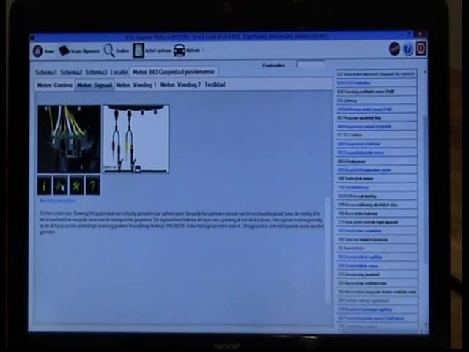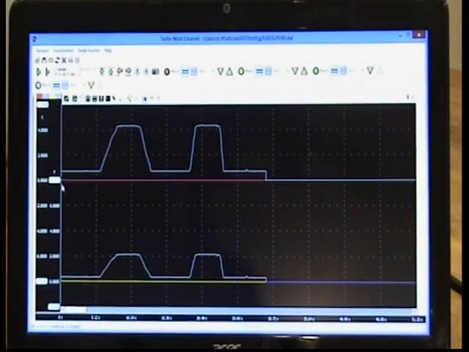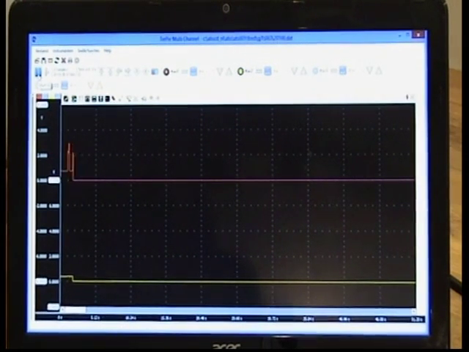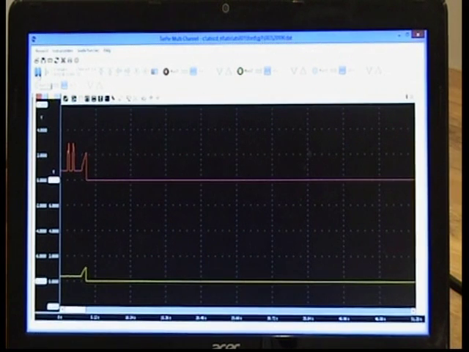We go to the scope picture itself. You can see here a reference pattern from channel 1 and channel 2. I can take off the reference signal and I'm going to measure the signals from the accelerator.